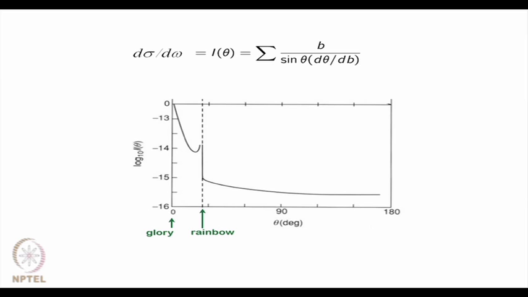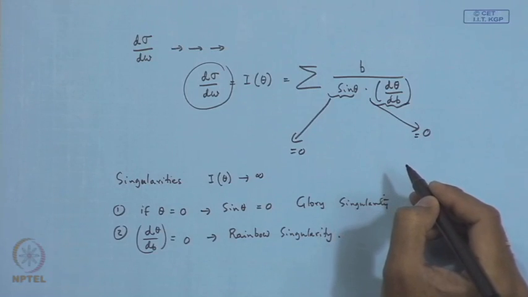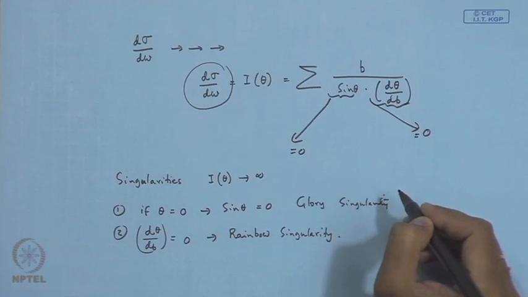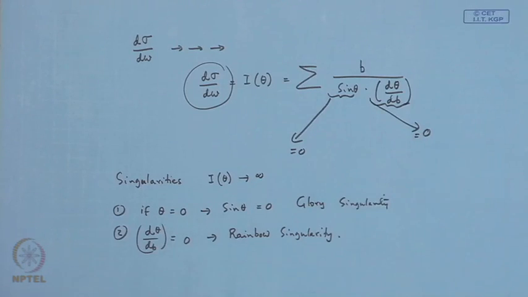Now, the features in d sigma d omega are directly related to the nature of the potential energy curve, and also this theta r, the rainbow angle, is sensitive to the well depth as well. So, this is very important.